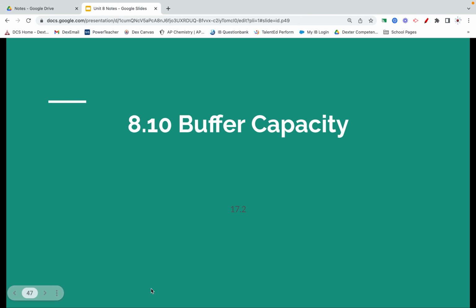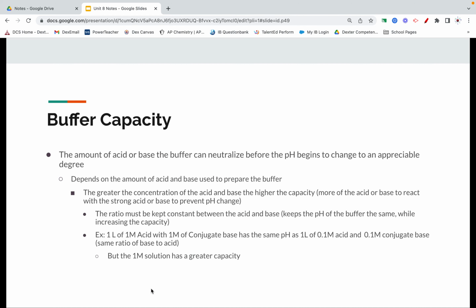Now, buffer capacity. A buffer can have a specific amount of ability to prevent pH change. The greater the concentration, the more it can buffer the solution.